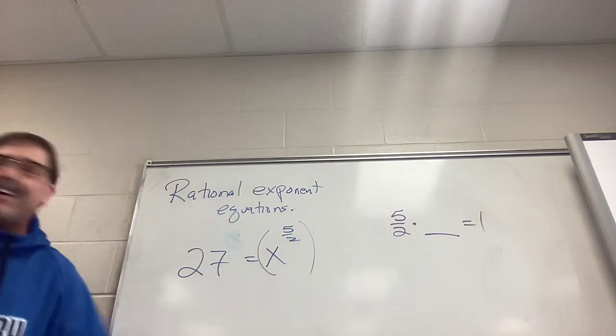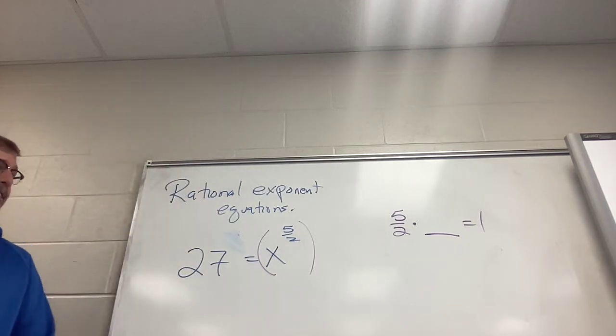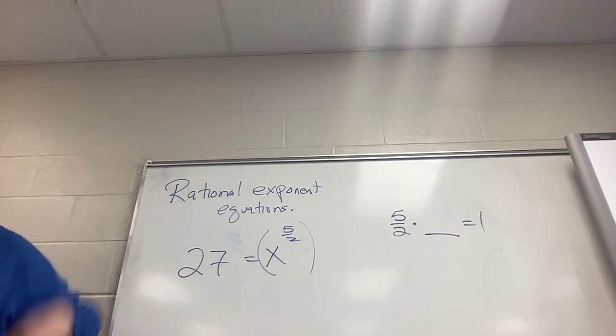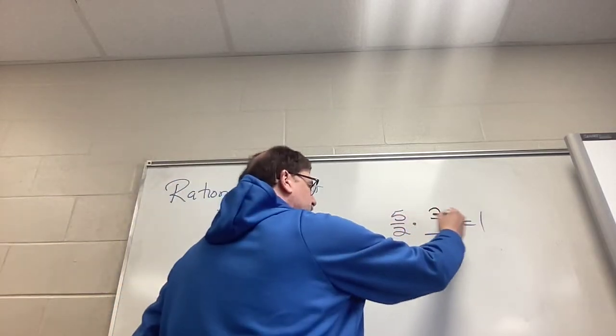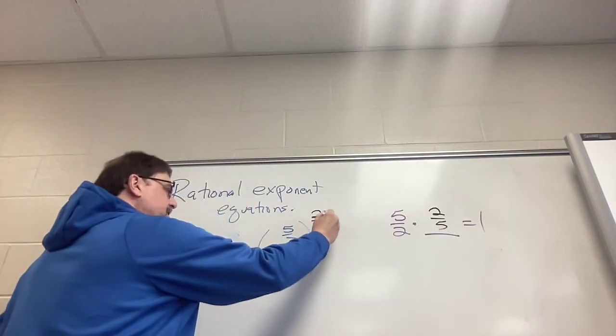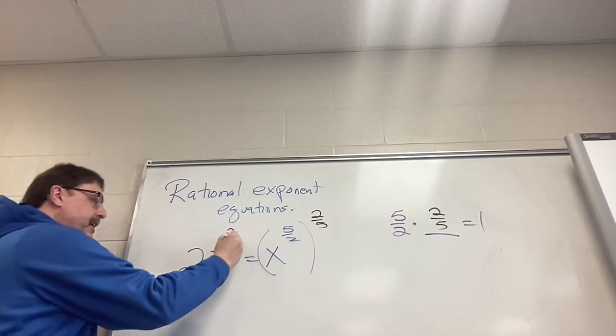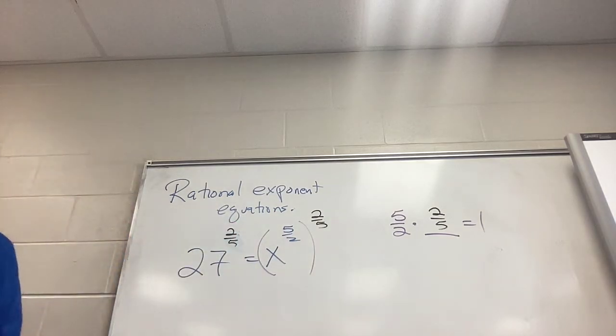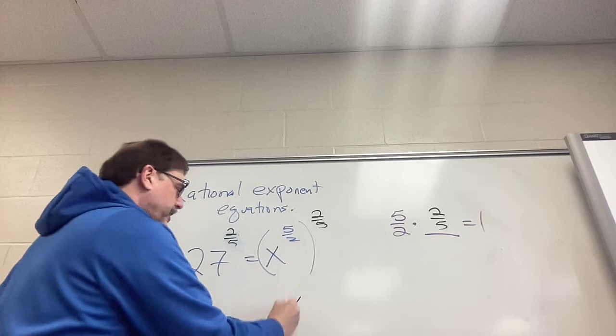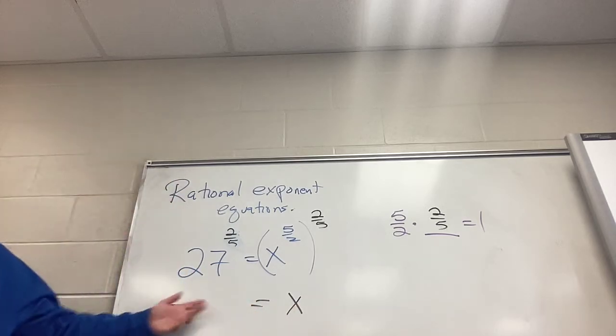Okay. 5/2 times something equals 1. What would that be? Flip it. It'll be 2/5, of course. So if we take this to the exponent of 2/5 and this to the exponent of 2/5, that multiplies to be 1. Please just use your calculator.